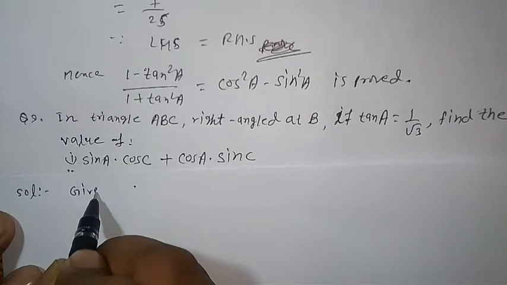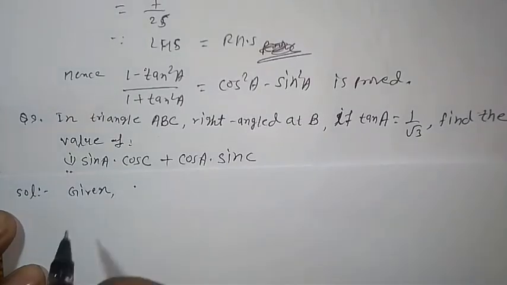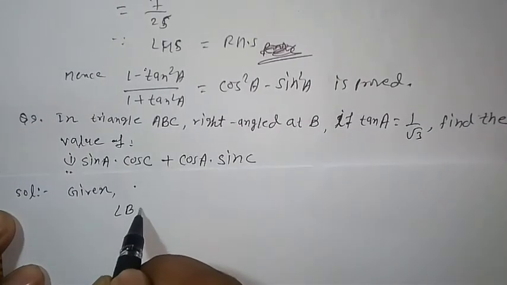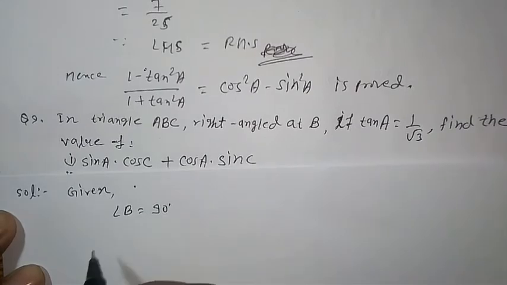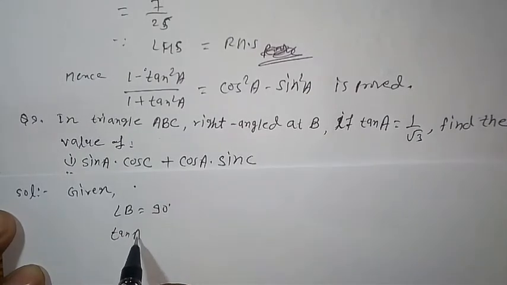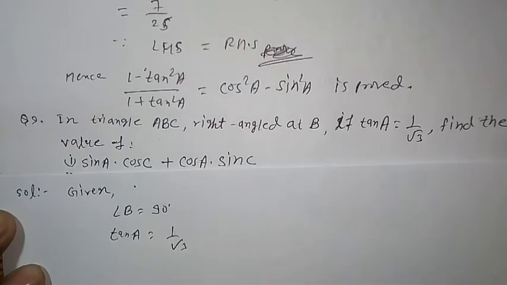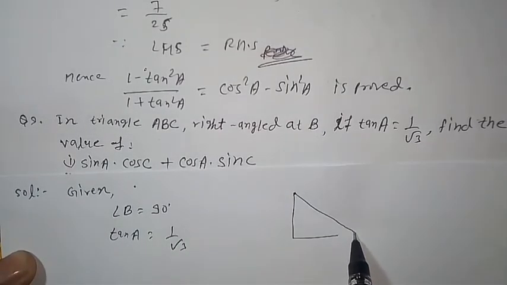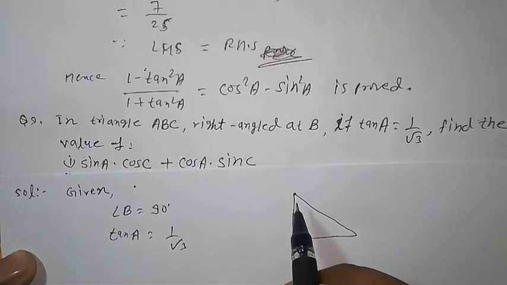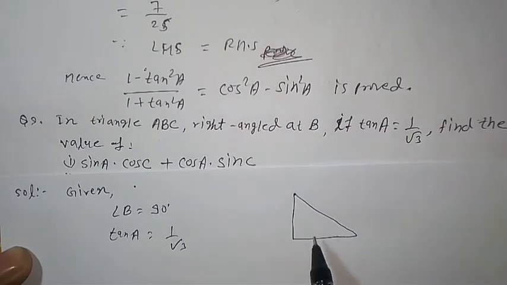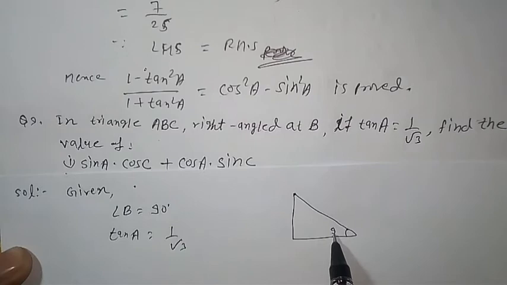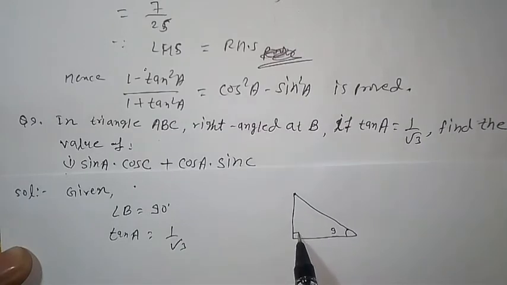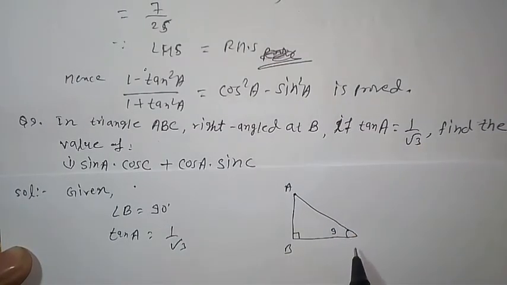Given angle B is equal to 90 degrees, tan A is equal to 1 by root 3. Now, draw a picture of the triangle. B is equal to 90 degrees, A, B, C.